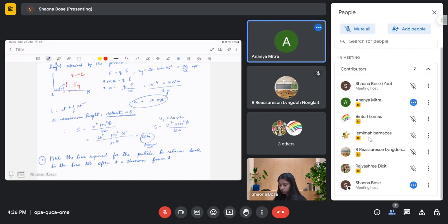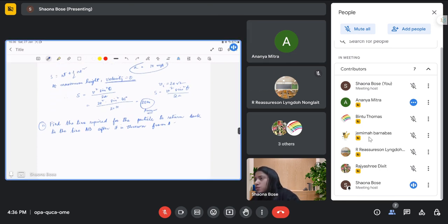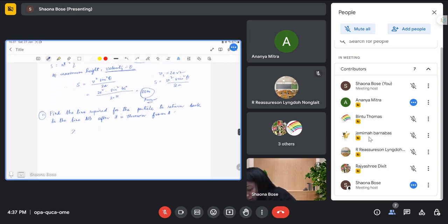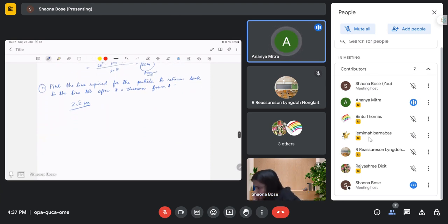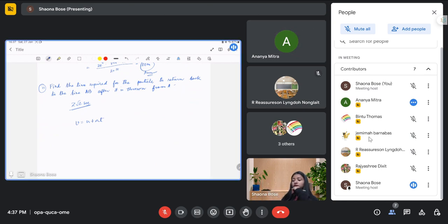Is it 2 root 2 second? How do you get it? v equals u plus at, so at maximum height v equals 0, so t equals u by a. No, no. Here you are saying from maximum height, like the time taken by the charged particle to reach from that height to the baseline.